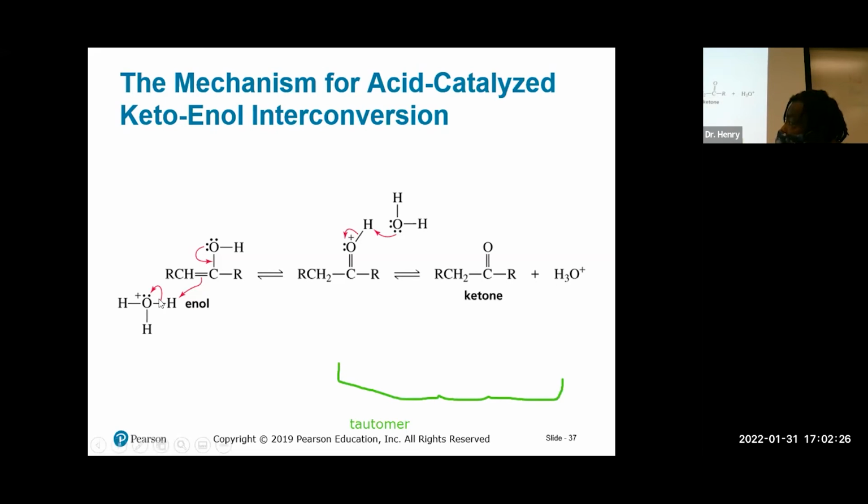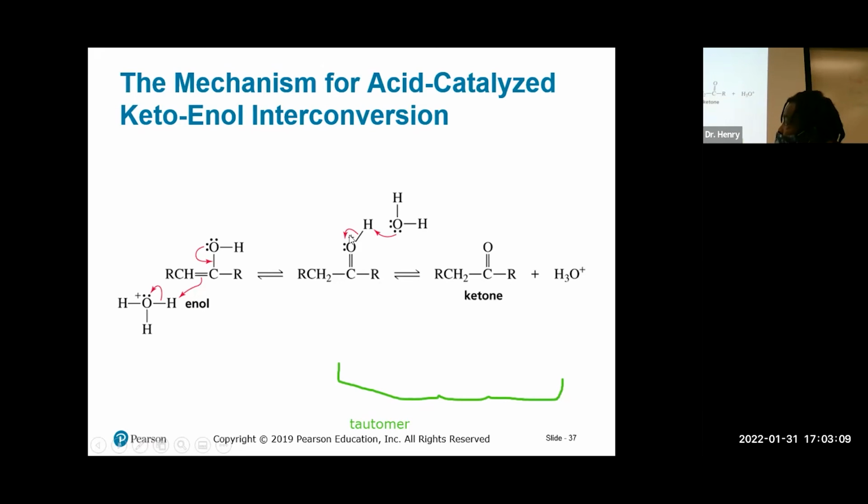And then you're going to end up taking the hydrogen here. The water molecule is then going to act on the hydrogen on the enol, and it's going to allow the formation of that double bond. So we're going to end up with a double bond.